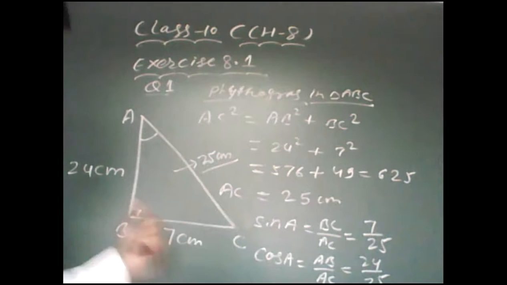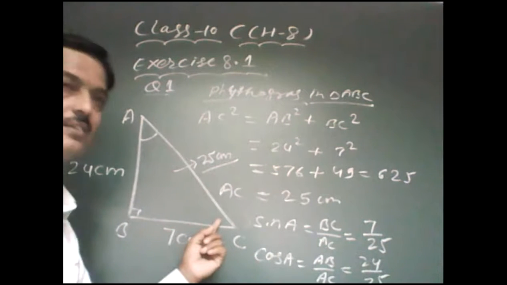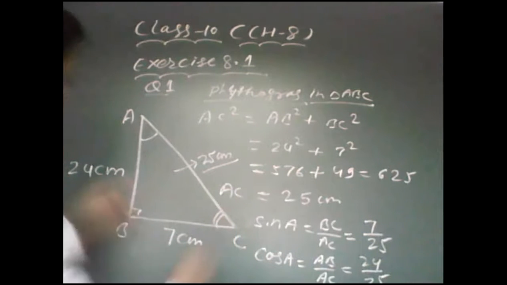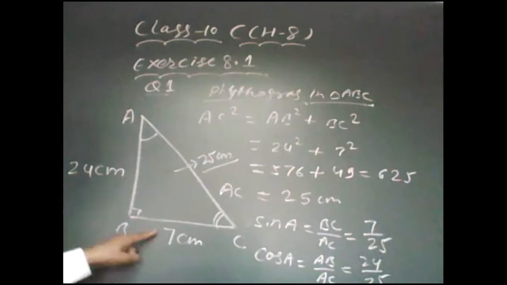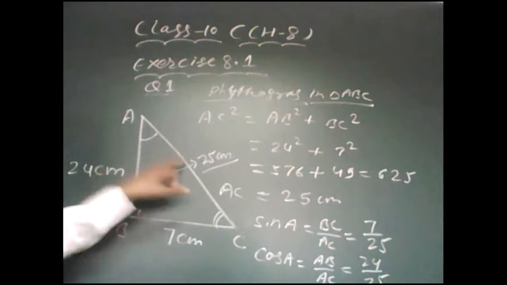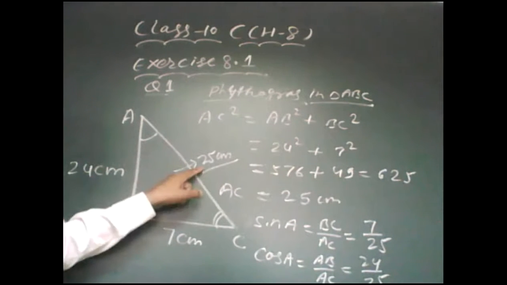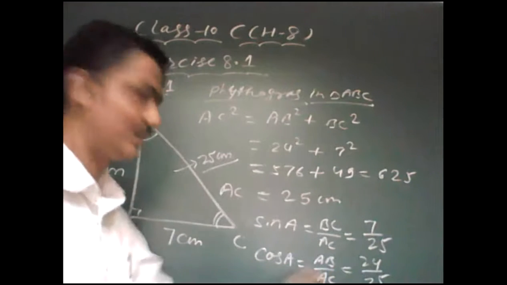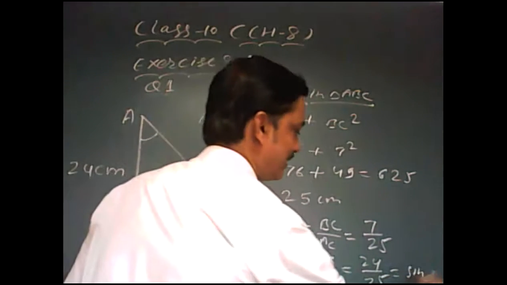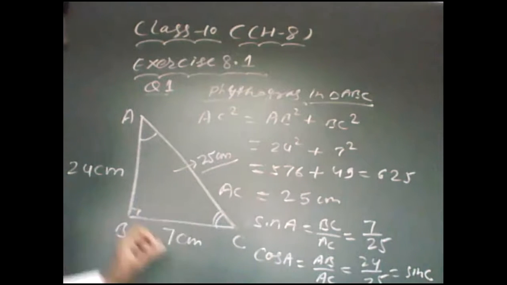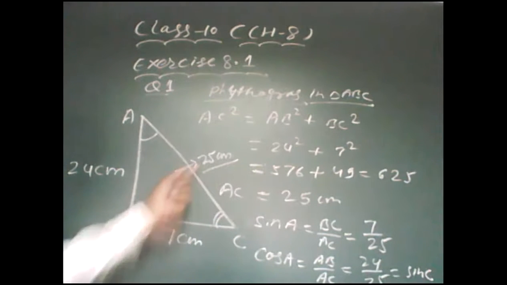Now, in the second part, we need to calculate sin C. For this angle, opposite upon hypotenuse means 24 upon 25. This one is sin C. Similarly, look here: cos C, adjacent upon hypotenuse, 7 upon 25.